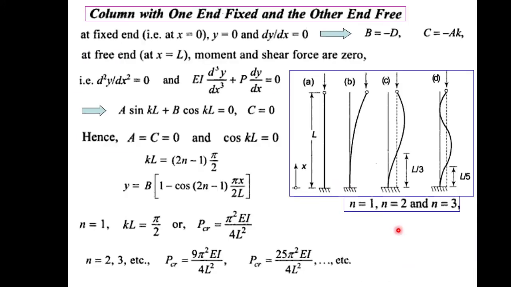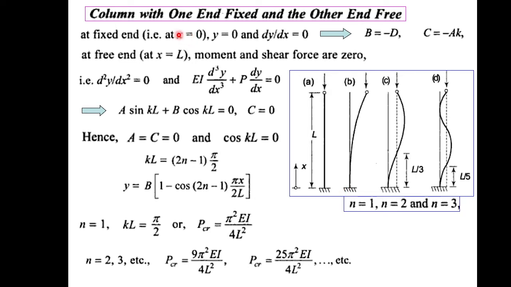For a clamped free column, these are the mode shapes. This is the first one, second one, third one, etc. And in this connection you note what the boundary conditions are. This end is fixed and the other end is free. If this is fixed, it means the deflection and the slope at this point are 0.